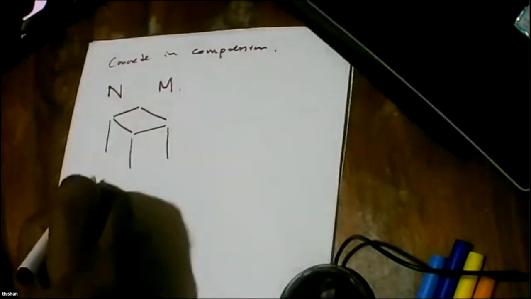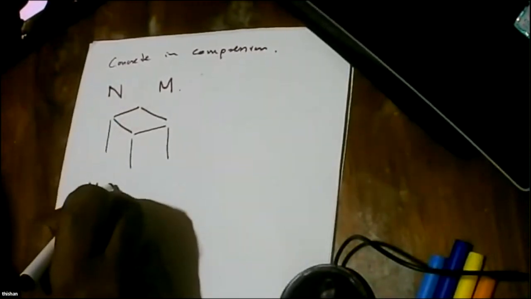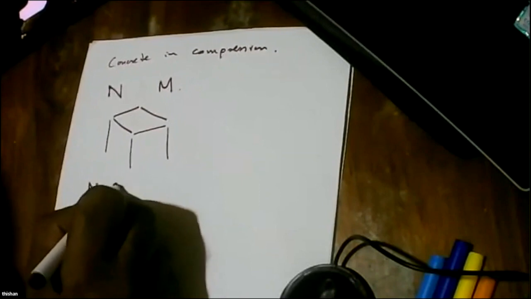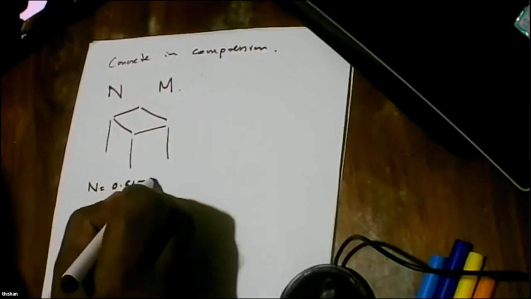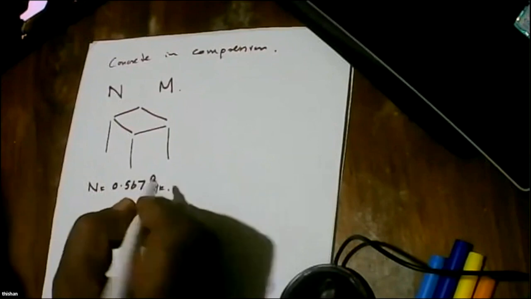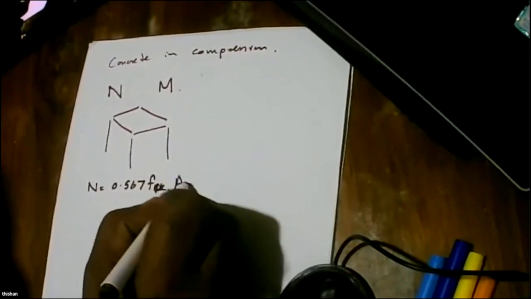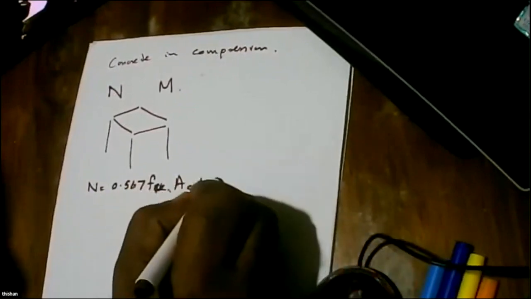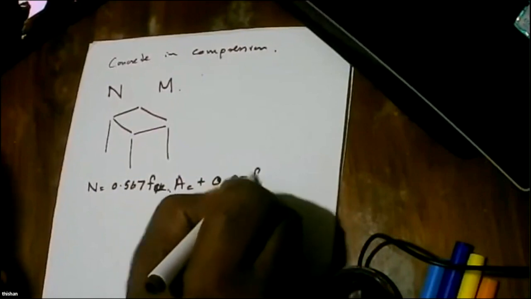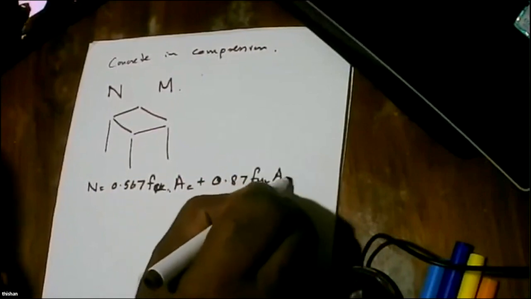That day I explained how to design when a column is axially loaded or carrying small bending moments. I said N is equal to 0.567 FCK AC plus 0.87 FYK ASC.